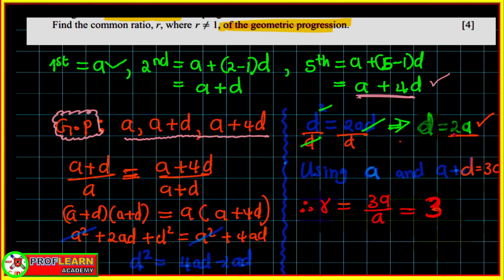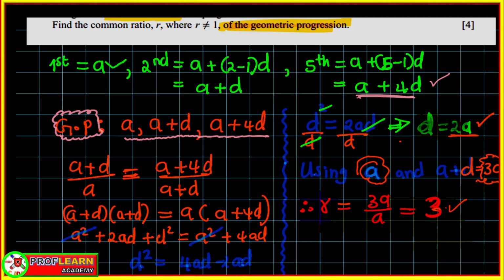So if you substitute anywhere you have d with 2a, this expression here is going to be a plus 2a, which is going to be 3a. So meaning that the first term is a, the second term is 3a, then their common ratio will be 3a over a, which is going to be 3.